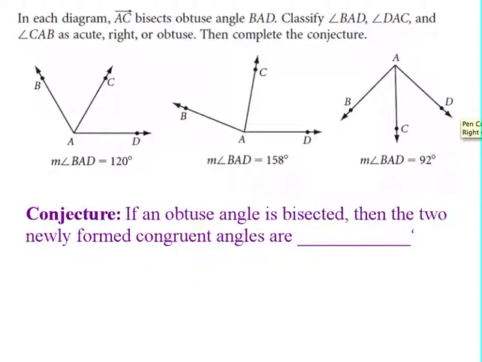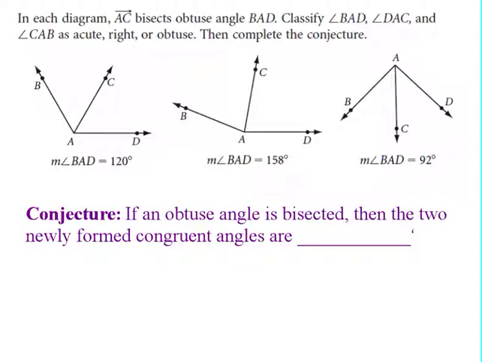In this picture, first one, what is BAD? Obtuse. What is DAC? Acute. What is CAB? Acute. Okay, what about here? What's DAB? Obtuse. What's DAC? Acute. What's BAC? Acute. All right, let's look at the next one.